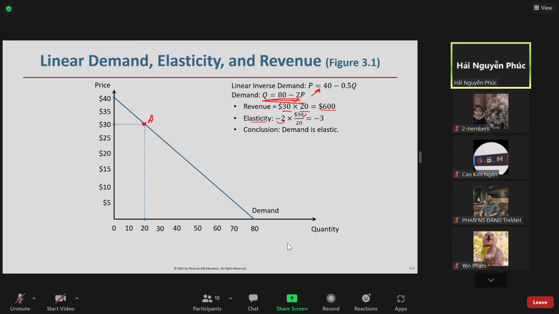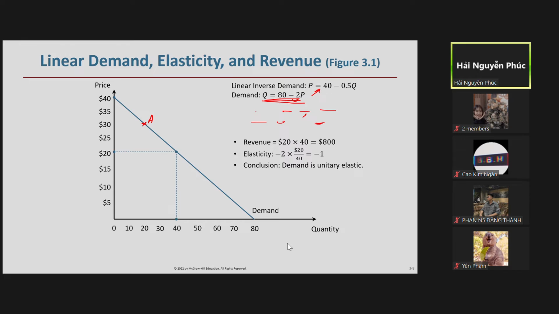Times the price divided by the quantity, and it is equal to -3. Okay. So at point A, when the price is high, we have demand is elastic, right? Demand is elastic.